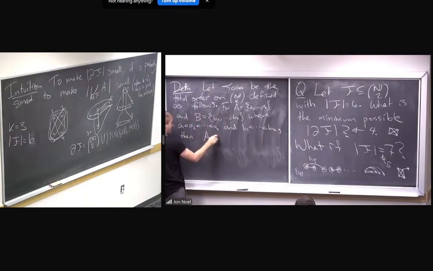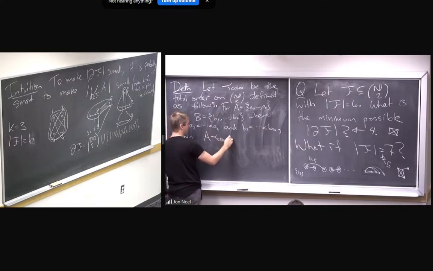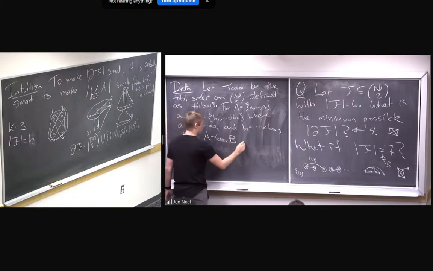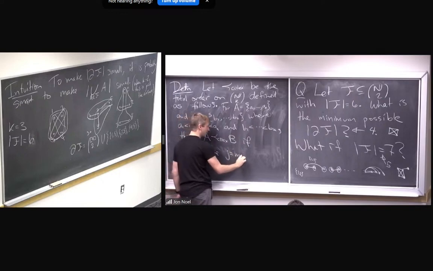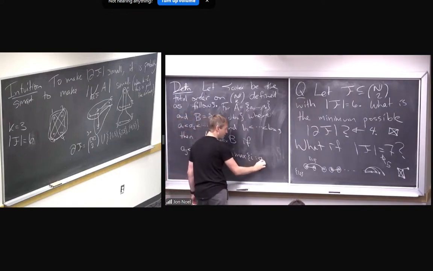Then we say that A is less than B in colex, colexographic order being the full name for this, if aj is less than bj, where j is the largest index such that these two sets differ.